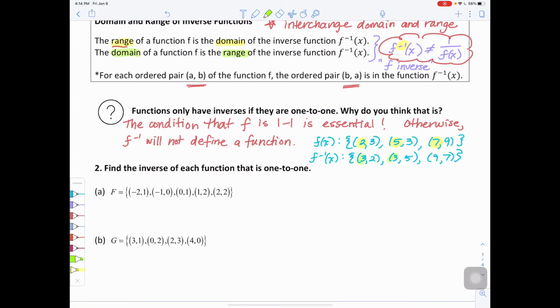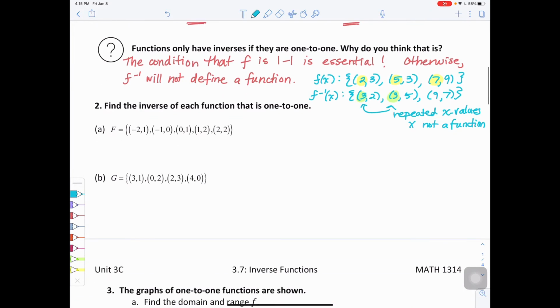This is no longer a function. This has a repeated x value. We have the same x value with two different y values. Therefore, it's not a function. So this condition that f is one-to-one is essential because when f and f inverse interchange their domain and range, we no longer have a function.